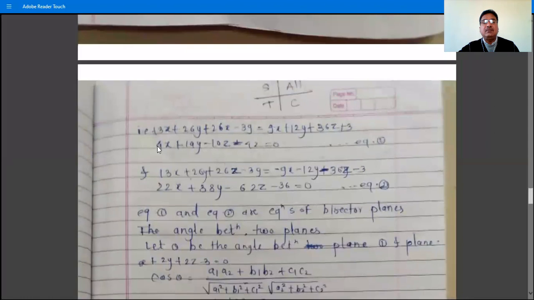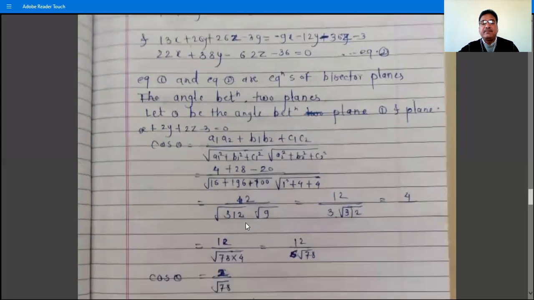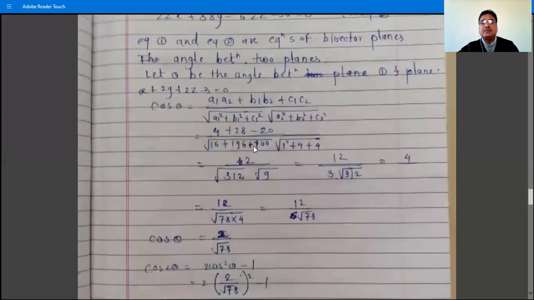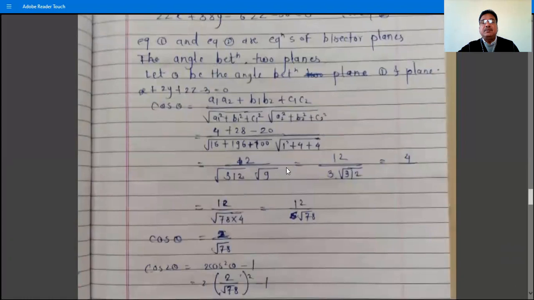And therefore we have 4 into 1 is 4, then 14 into 2 is 28, minus 10 into 2 is minus 20, divided by root of a1 square plus b1 square plus c1 square, taking a1 b1 c1 as 4, 14, and minus 10, their squares, into root of a2 square plus b2 square plus c2 square, with a2 b2 c2 as 1, 2, 2, so 1 square, 2 square is 4, 2 square is 4.